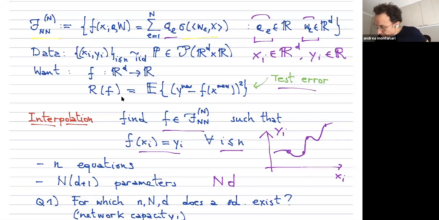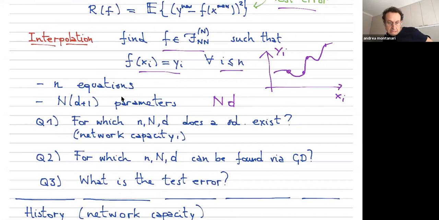There are a few theoretical questions that are interesting to ask. Question number one: for which triples lowercase n, uppercase N, d does a solution exist? This is the so-called question of network capacity. Second, can this solution be found efficiently, and in particular via gradient descent?